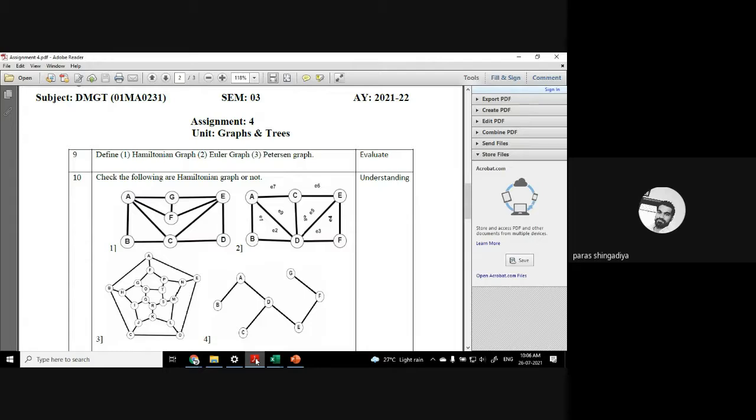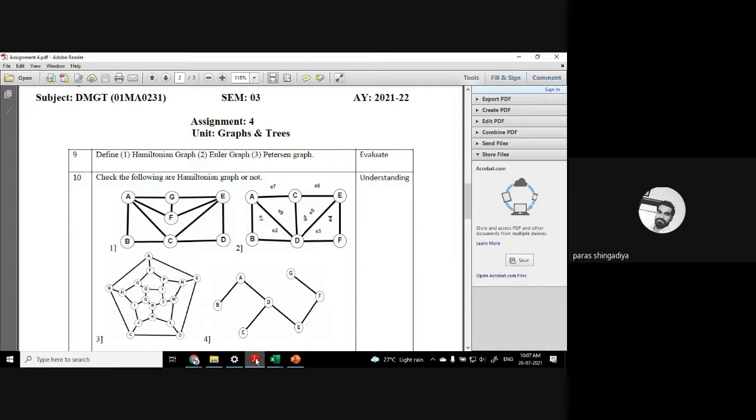We start the journey from vertex A, then B, C, D, E, F, G, and again A. So from A to A, all the vertices are covered, with no repetition. Again, A to B, B to C, C to D, D to E, E to F, F to G, and G to A. All the vertices are covered, so this graph is a Hamiltonian graph.